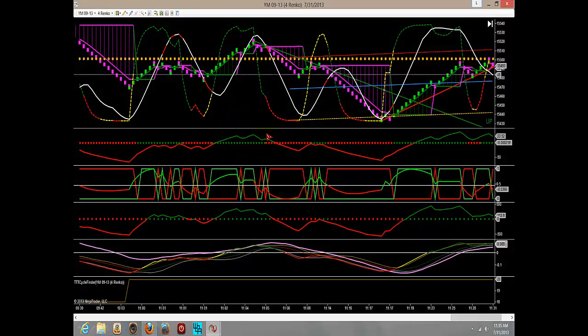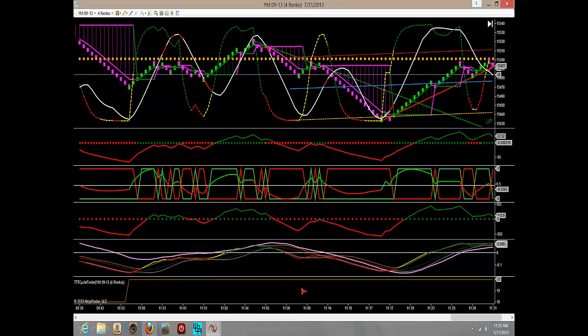Now this is a chart of the YM, and you can see that dominant cycle length is not just a fixed number that always accompanies a particular equity. You can see over here it was at 18, and then right at this area the dominant cycle length moved to 20.